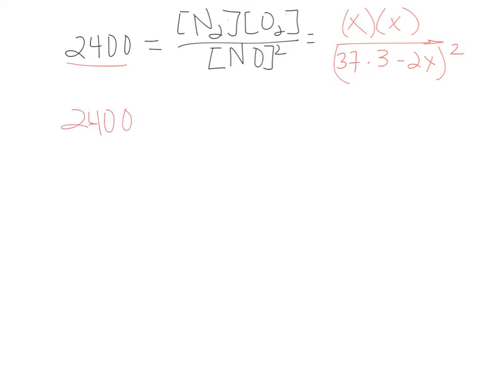So we have 2400 equals x squared over, let's see, 37.3 times 37.3, which is 8400. And then we have, hold on a second, this is where I made my error.